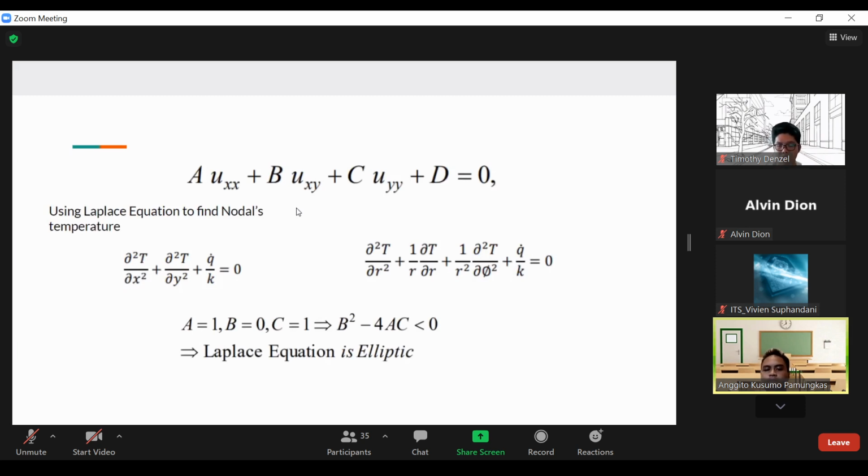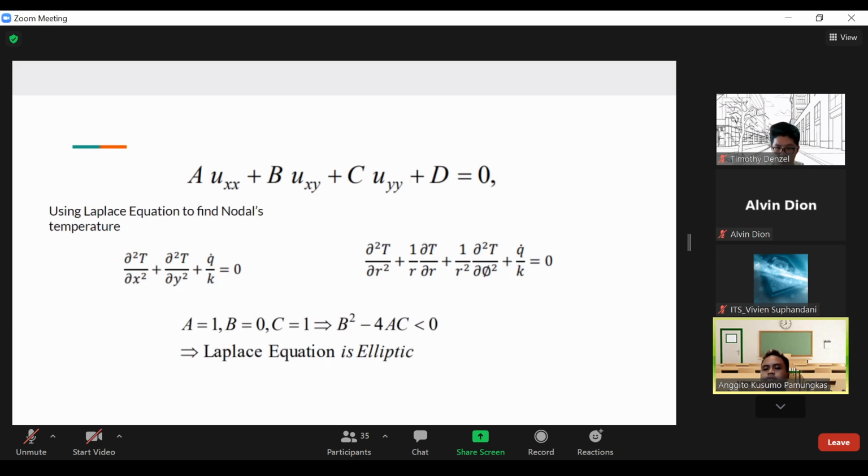We solve it with the Laplace equation as the basic equation for the rectangular one and the cylindrical one. The left side is the rectangular one: the second derivative of T per dx squared plus the second derivative of T per dy squared plus Q generation divided by conductivity.